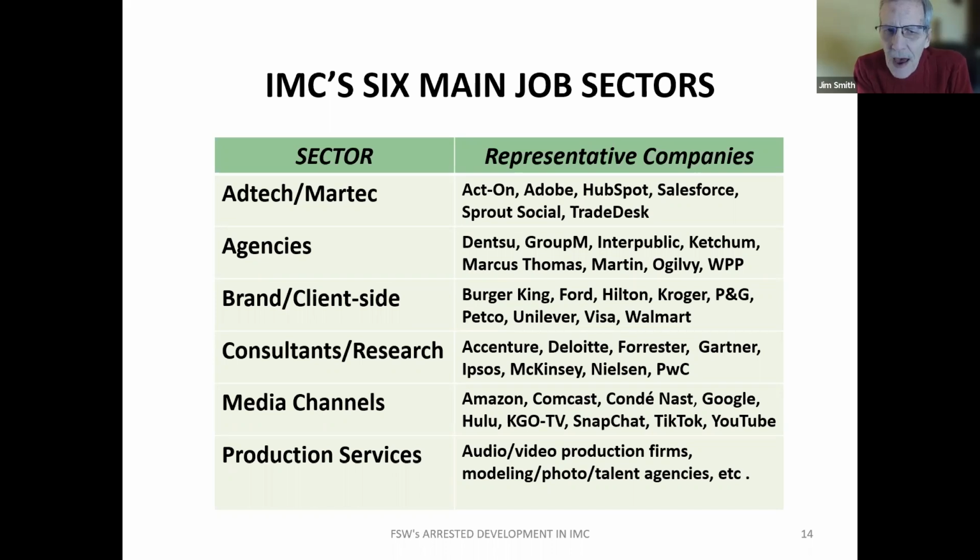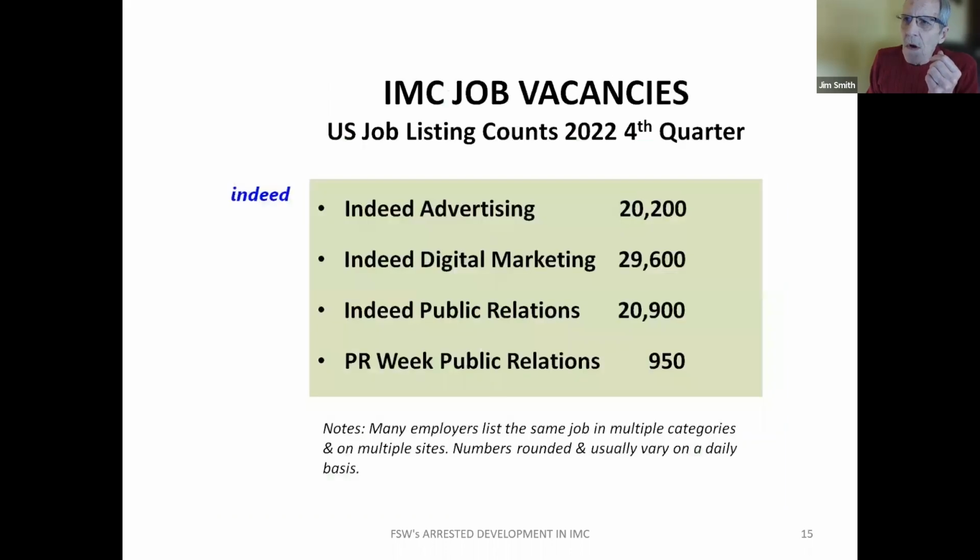They're not the final spot, but you have possibility to work for Amazon if they're not laying people off, or Condé Nast in the publications area, and they're big in digital, TikTok, YouTube, and so on. And finally, we have this whole supporting infrastructure of production services, audio, video, multimedia, and even modeling, photo, and talent agencies. So they're all part of this mix.